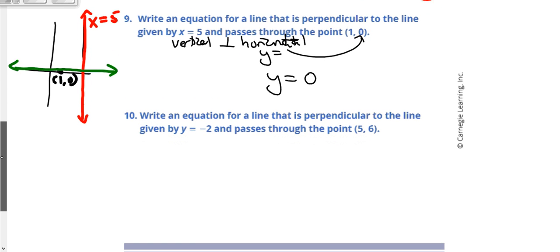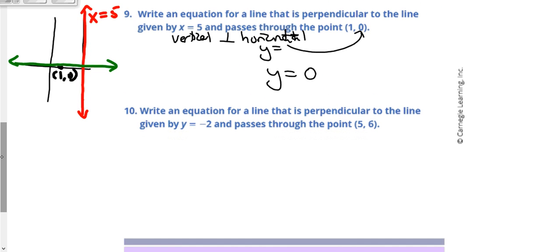All right. Next one. Let's see if we can do this without drawing a picture. Write an equation for a line that is perpendicular to the line given by y equals -2 and passes through the point (5, 6). So first off, I got to figure out what's my original line. What does it look like? Well, y equals -2 is a horizontal line.